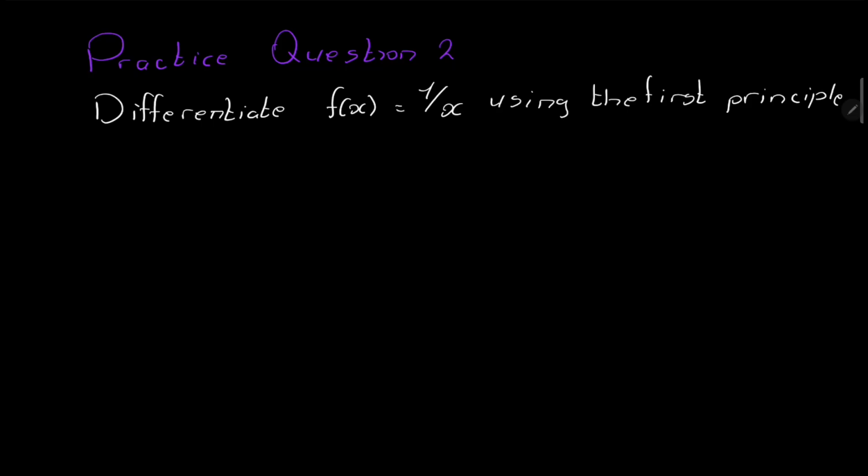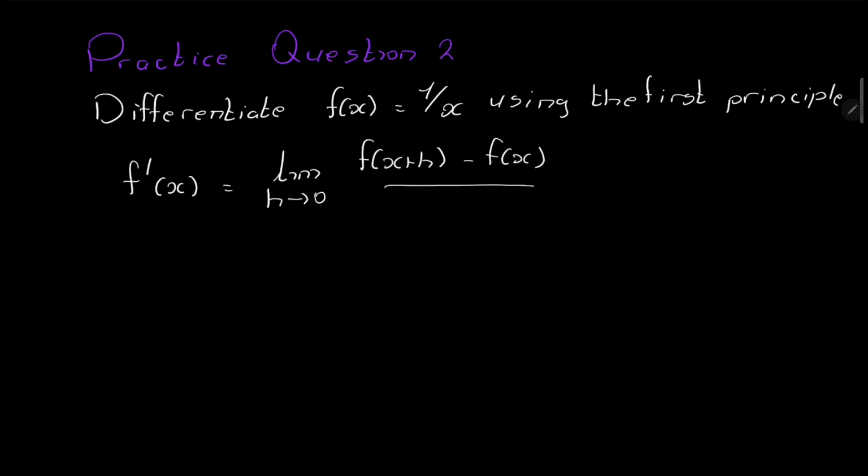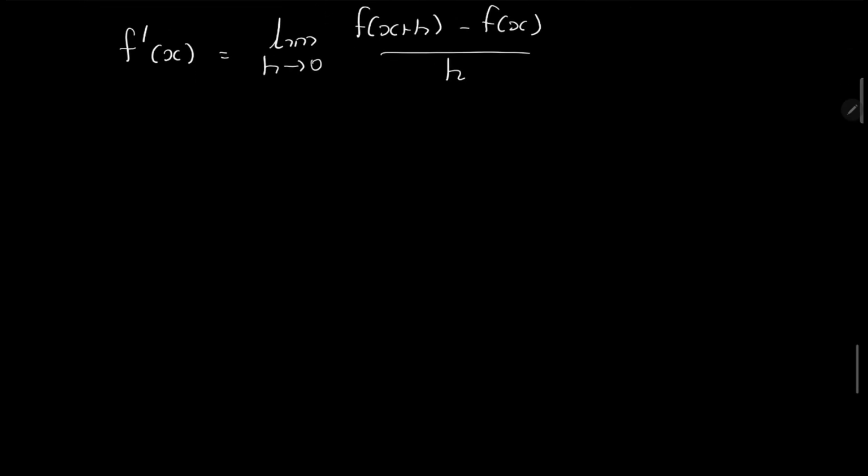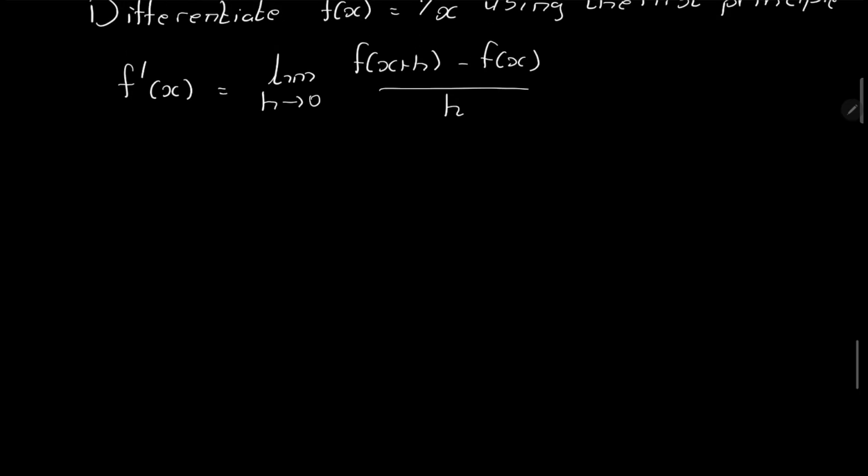our formula for the first principle, which stated that f prime of x is equal to the limit as h tends to 0 of f of x plus h minus f of x, all that divided by h. So the first thing we're going to do is calculate term by term as in the other questions.